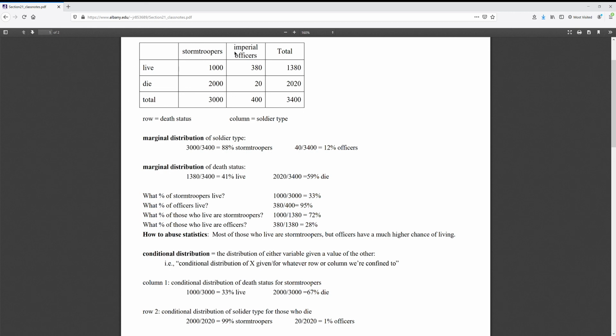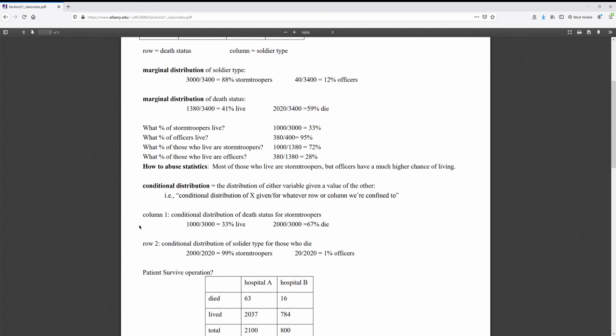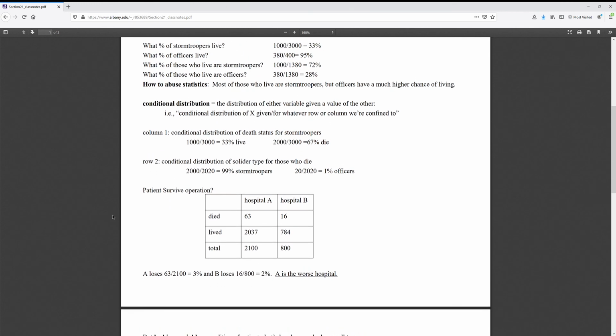You could talk about left-handedness in each of the 50 states. So you've got, let's say, 50 columns and 2 rows, or vice versa. In which case, you've got however many conditional distributions, 52 of them, and a couple of marginal distributions. So that's the idea.